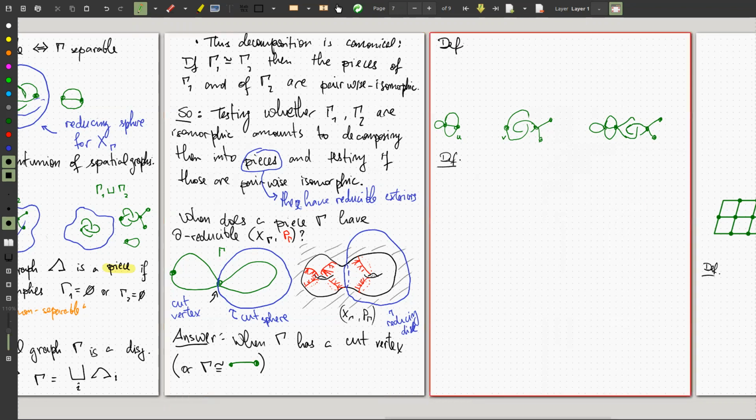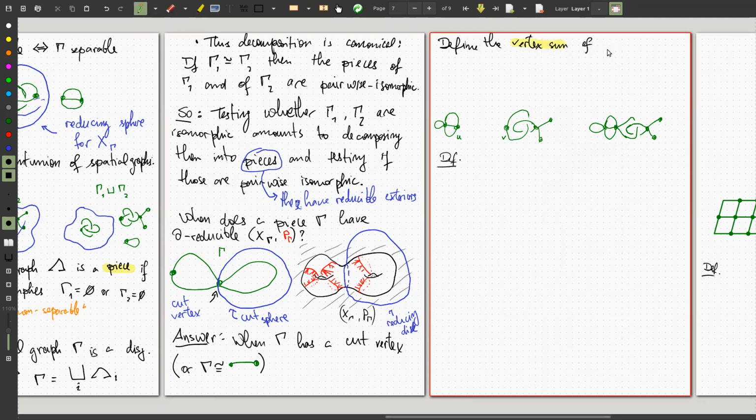We define the vertex sum of pointed spatial graphs. Somehow this is the complicated thing this time: you have to keep track of the vertices along which you glue. Pointed spatial graphs.